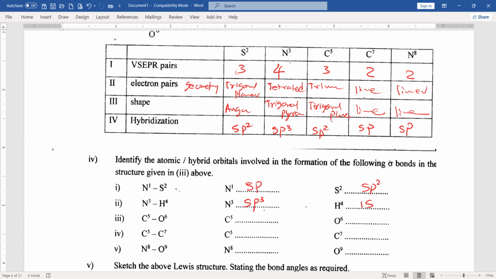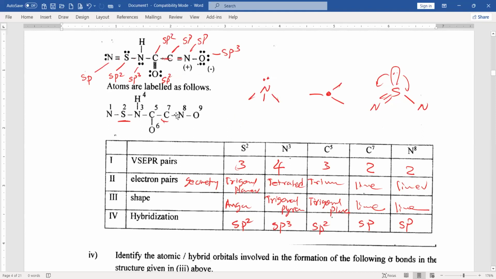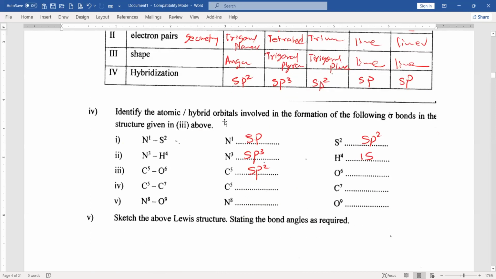Then C5 and O6. C5 is okay, that is sp2 according to the table, but we have to find what O6 is. O6 here, this one, it is sp2. Then C5 and C7.